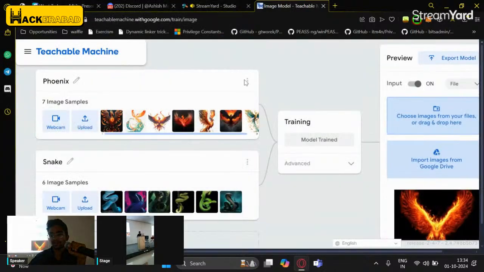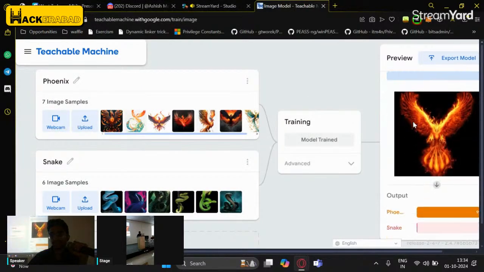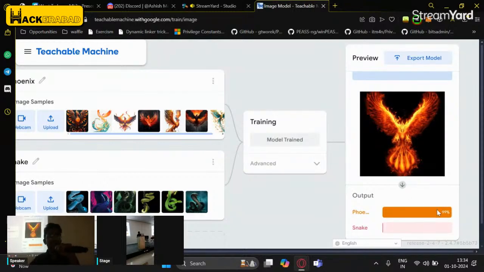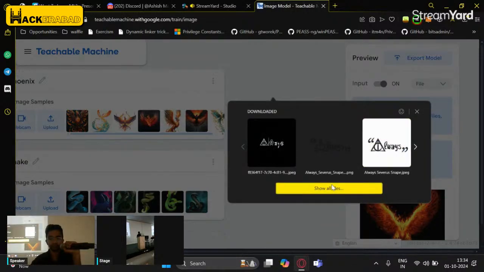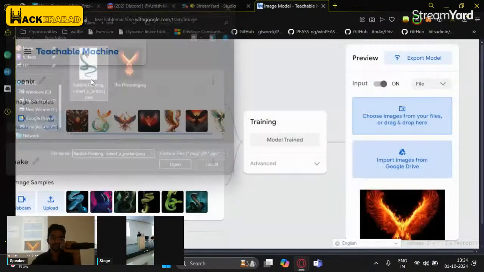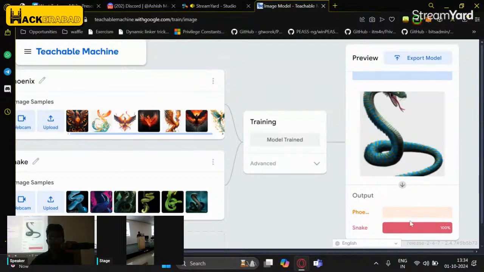I'm providing it with the image of Phoenix again. I want to see its class. See, it's saying that it's 99% Phoenix and 1% snake. What if I provide my next image, that is snake? It's saying it's 100% snake, no doubt.